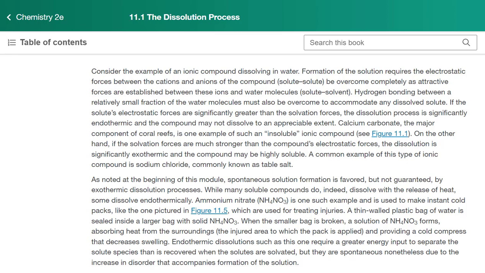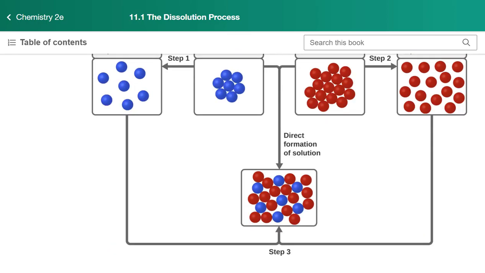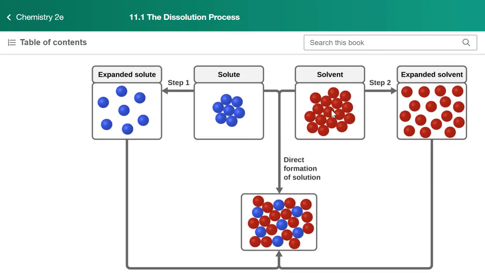One of the things I will note here is that if you think back to Module 4, we had our solubility rules. Some of the forces here are stronger, maybe for the solute than for the solvent, and that's why some of those will not be soluble.